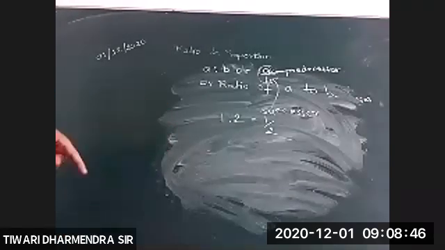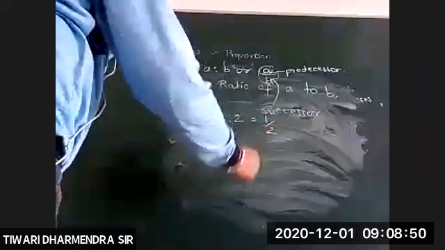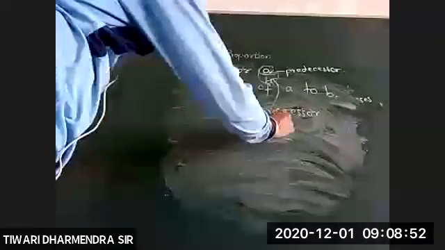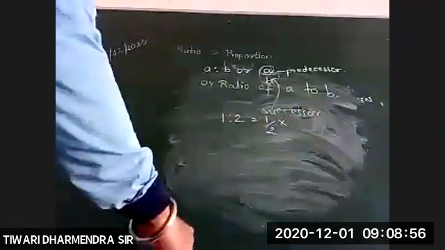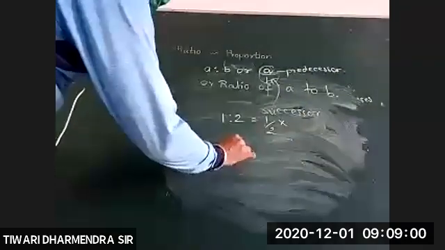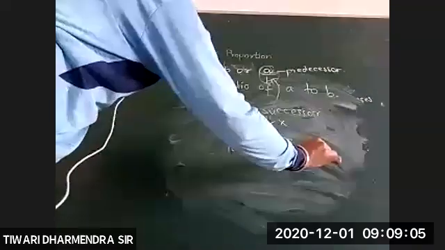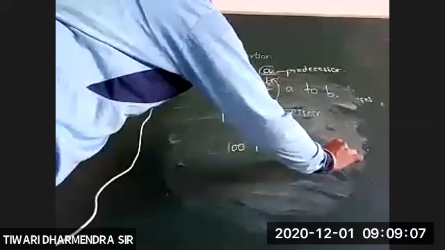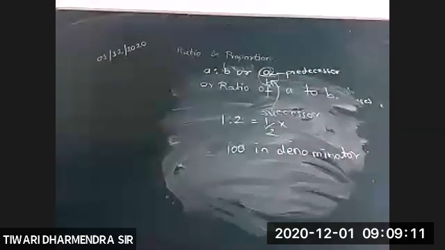This is by understanding. But mathematically, how to say that it is 50%? Now we can see that it is 1/2. We can convert this to percentage form only if we have 100 in the denominator.